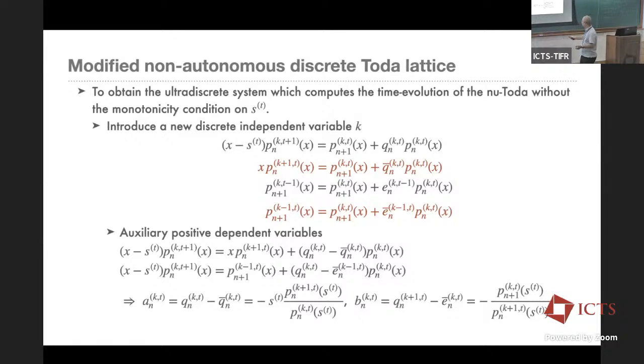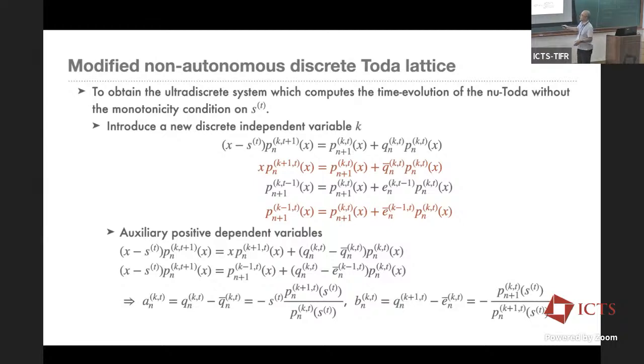Both of them are slightly different. Of course, it's a bit difficult to say why we introduced this quantity, but as a final result, this will give us quite a good system to compute our solution for generic S of t only. We don't have to assume monotonicity.